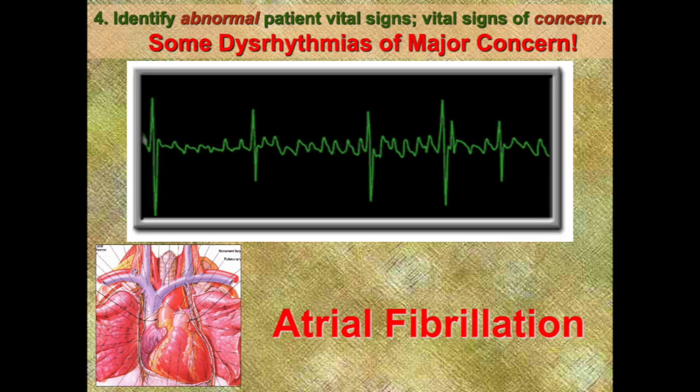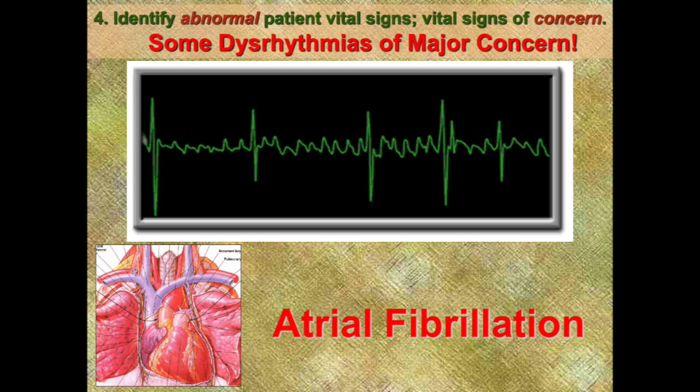This is the dysrhythmia. Notice I call it dysrhythmia as opposed to arrhythmia. Some people will use arrhythmia, but to me, if you're using arrhythmia, that means that there's no rhythm, where dysrhythmia is a dysfunctional rhythm. So this is atrial fibrillation, nicknamed AFib.